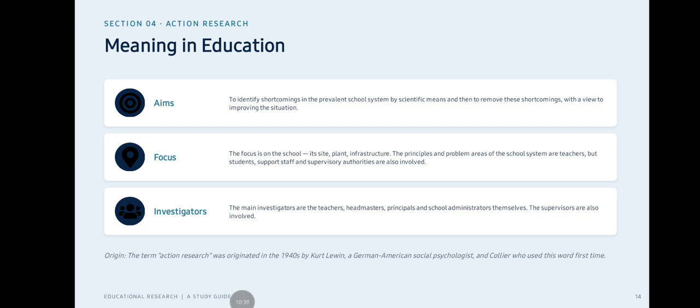The principal problem areas of the school system are teachers, but students, support staff, and supervisory authorities are also involved. Investigators: the main investigators are the teachers, headmasters, principals, and school administrators themselves. The supervisors are also involved.